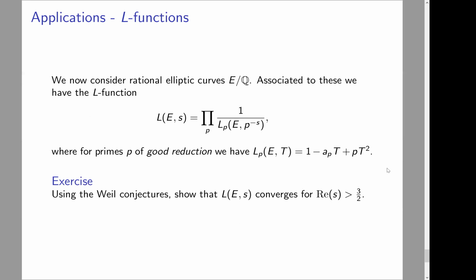If you go back to the world of elliptic curves over the rational numbers, these have an associated gadget called the L-function. The L-function can be defined via an infinite product, kind of like an Euler product for the Riemann zeta function. And for the primes of so-called good reduction, this Euler factor is just the characteristic polynomial of Frobenius, or the P1 on the zeta function of the elliptic curve over Fp.